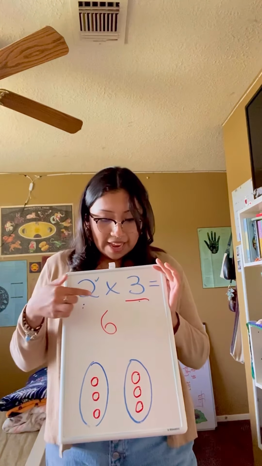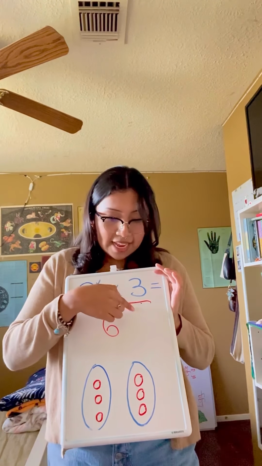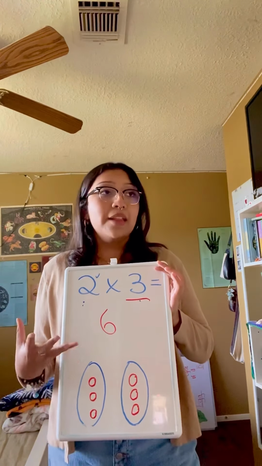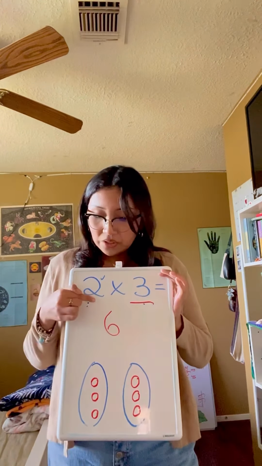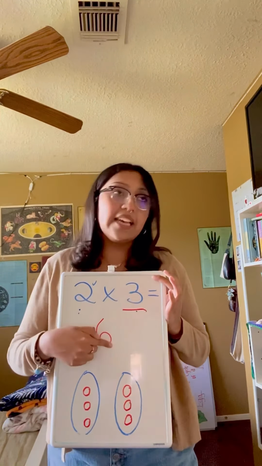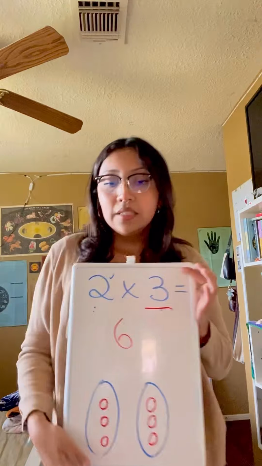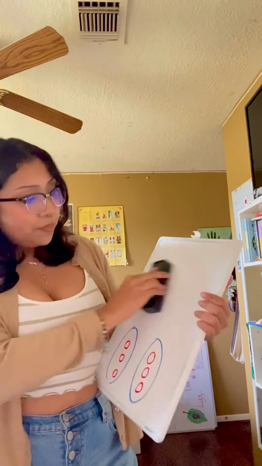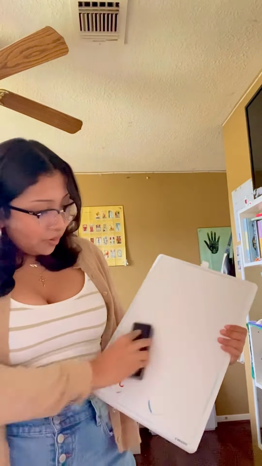So you don't say 2 times 3 is 6. You could say that, but the correct way that a mathematician would say it is 2 times 3 is equal to 6, okay? So let's see, I'm gonna write down another example and we'll work on that one together, okay?